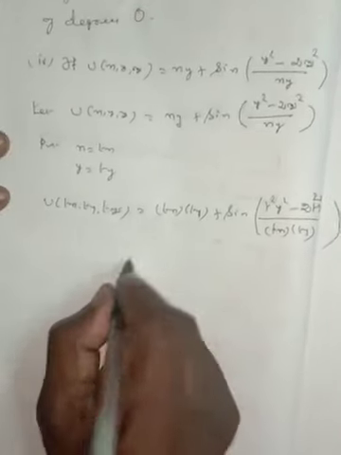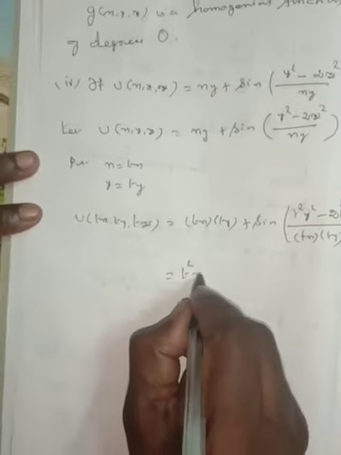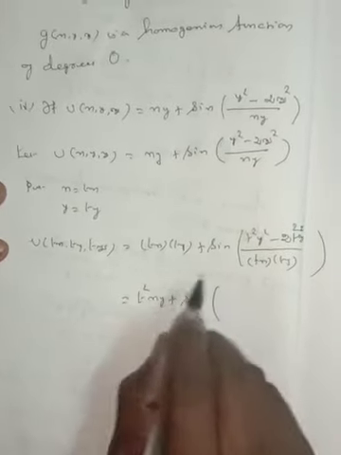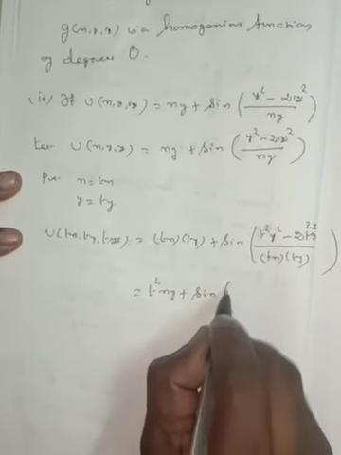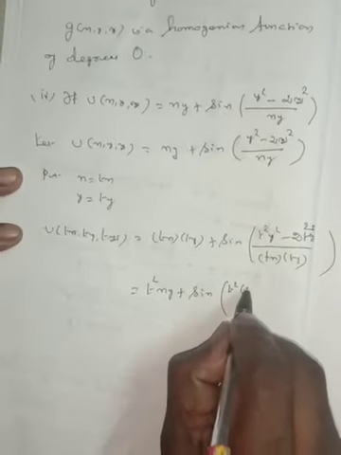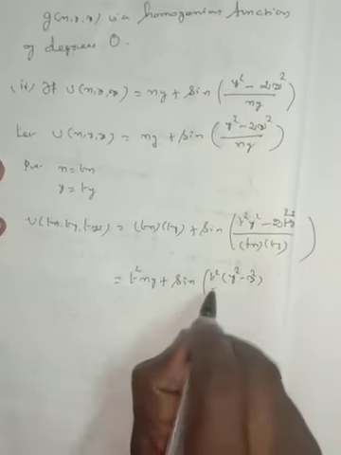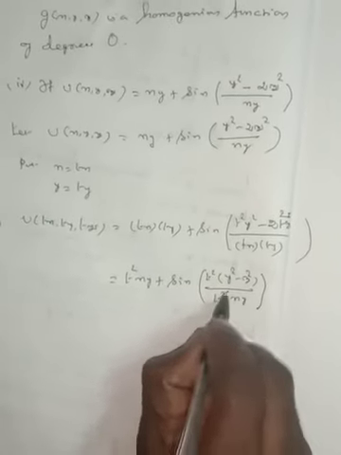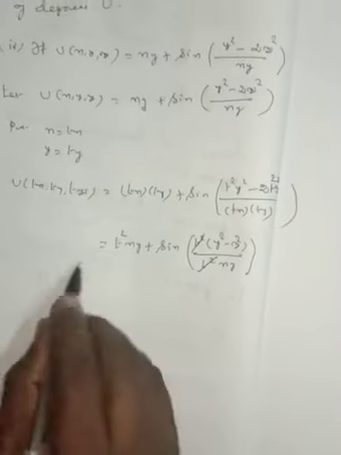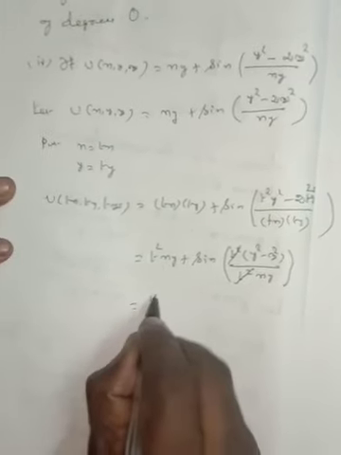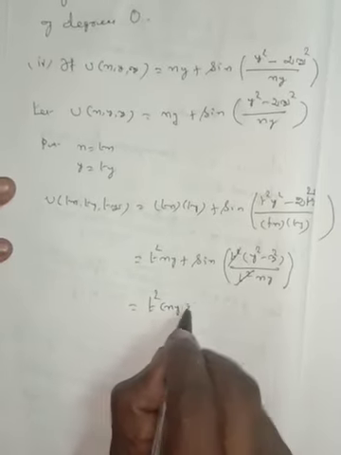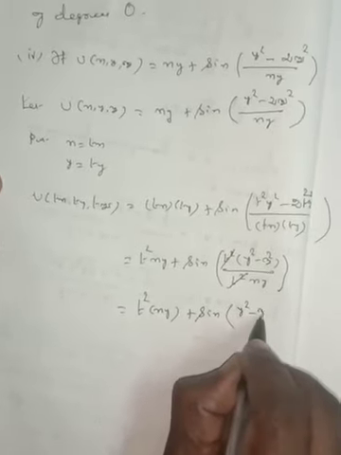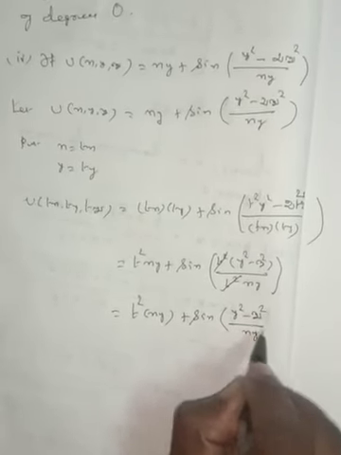Is equal to t square xy plus sine of, common t square, of y square minus z square divided by t square into xy. T square cancels, is equal to t square of xy plus sine of y square minus z square divided by xy.